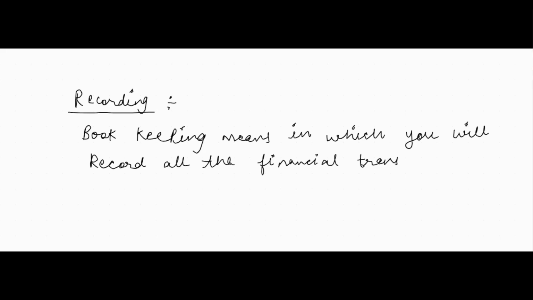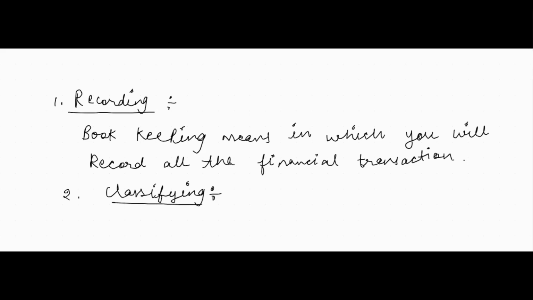Oh, okay. Yeah, yeah. Bookkeeping means in which you will record all the financial transactions. All right. Okay. Recording is clear. Now, classifying. Classifying means a systematic analysis of recorded data, with a group of transactions or entries of one nature in one place.